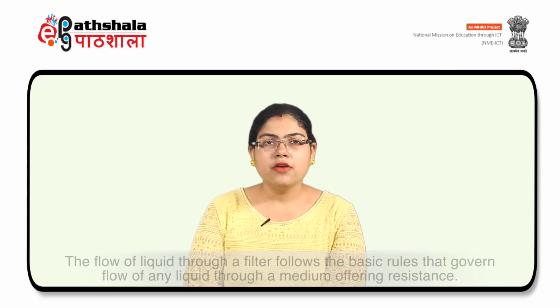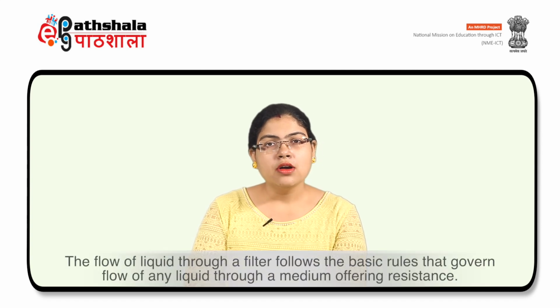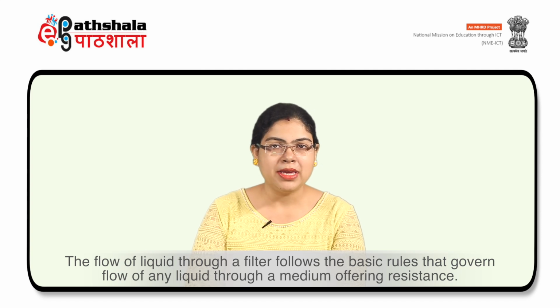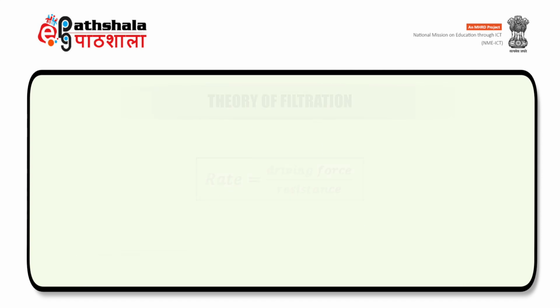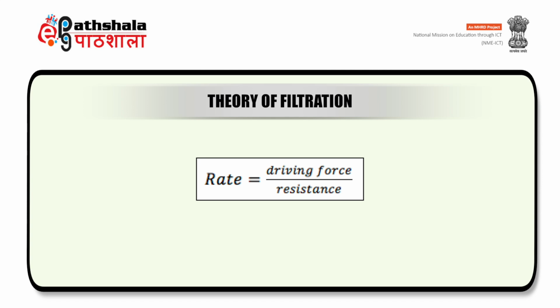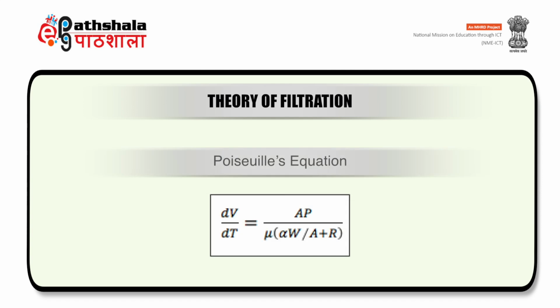Now we will discuss theory of filtration. The flow of a liquid through a filter follows the basic rules that govern flow of any liquid through a medium offering resistance. The rate of flow may be expressed as rate is equal to driving force divided by the resistance. The rate of filtration is given by modified Poiseuille's equation as shown on the screen.